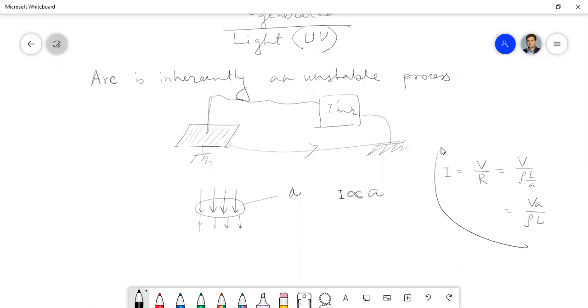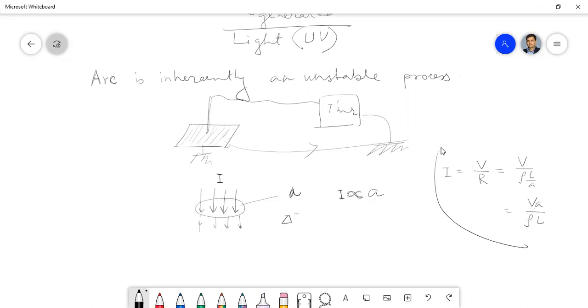Okay, now suppose this is a stable process. I'm assuming that this is a stable process. The arc current is I, and the area through which this arc current is flowing is A. Now somehow there is a perturbation in this current, or slight change in this current.